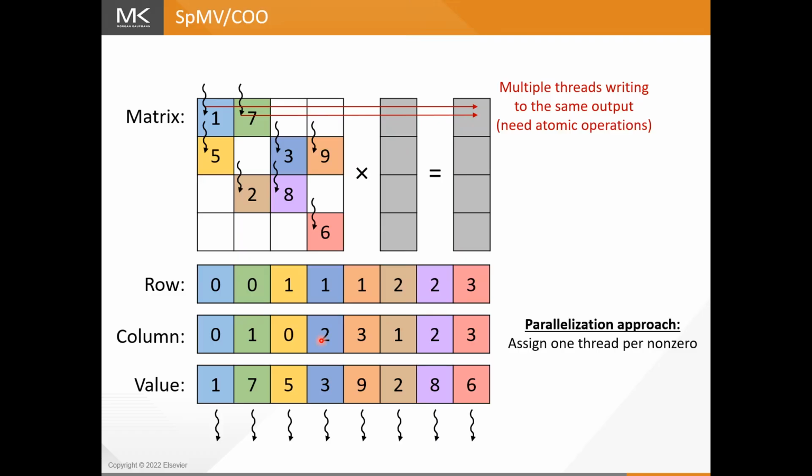No. If we don't assume any particular sorting of the elements, the accesses are not going to be coalesced. If the elements are sorted by row order, then the accesses to the input vector could be coalesced. But in principle, if they're not sorted, which is allowed, they're not necessarily coalesced.